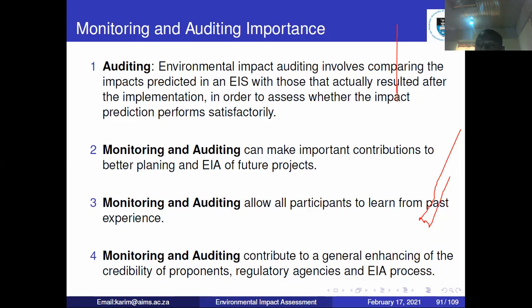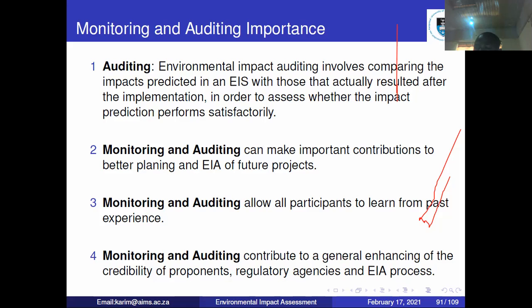Now, when you are auditing, because you have monitored and gathered information about how the project is affecting the social, economic, and physical environment, you will be able to audit properly by comparing the impacts that have resulted from the implementation of the project against what you predicted.